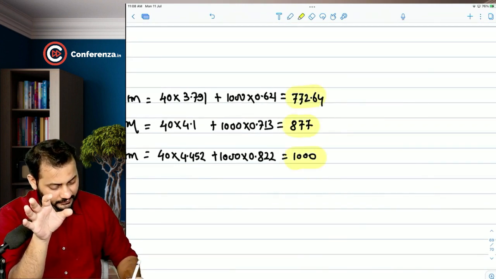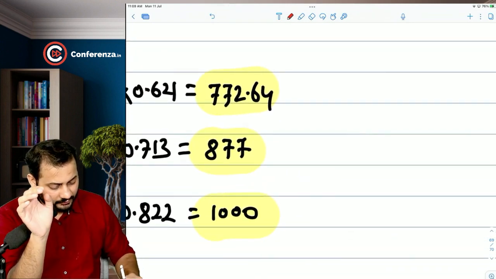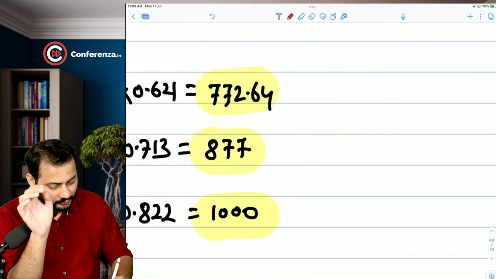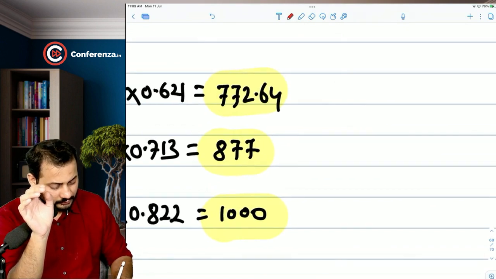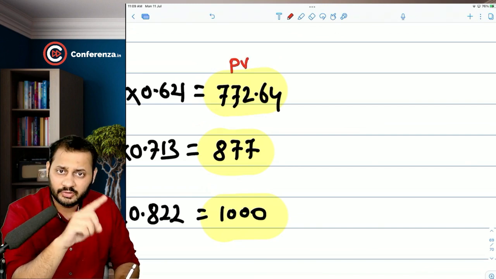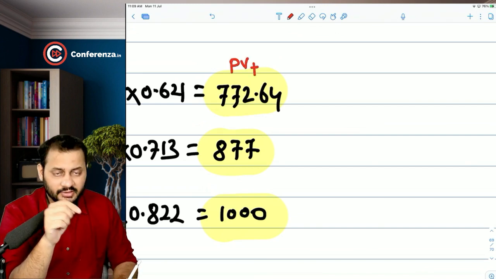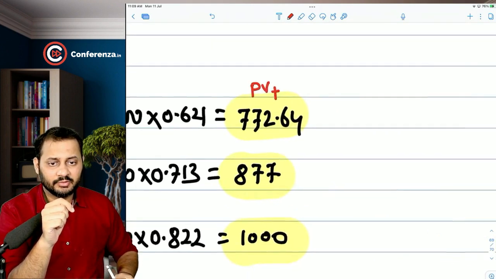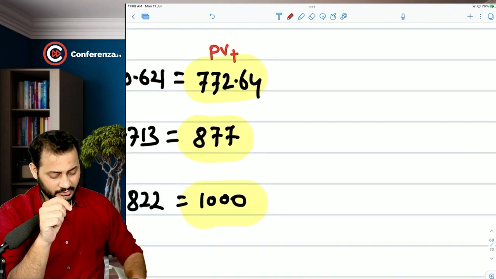This one, this one, this one, and we are going to name these figures. Let's write down. This is the present value of the bond when we increased the YTM. Am I right? When we increased the YTM, the present value of the bond is this.